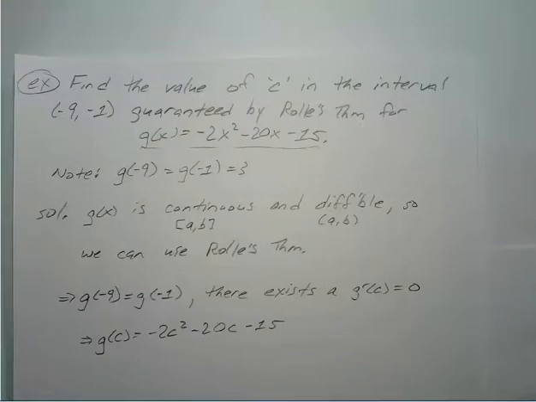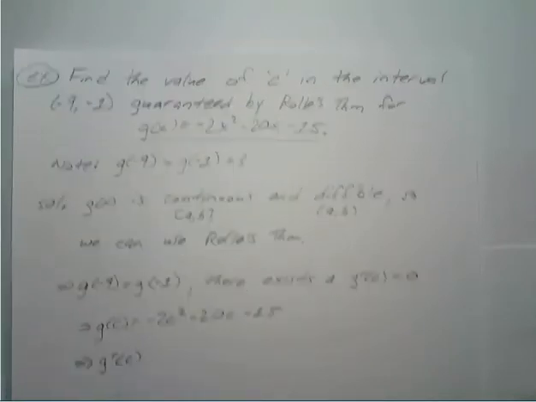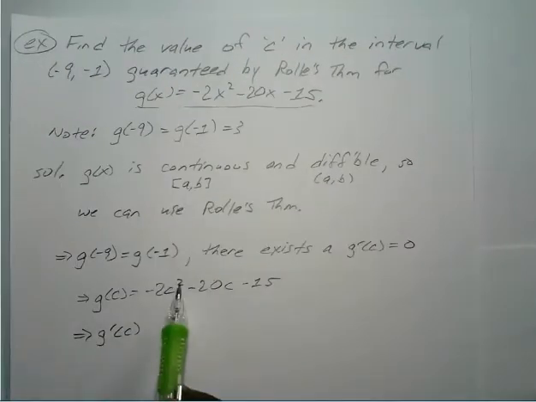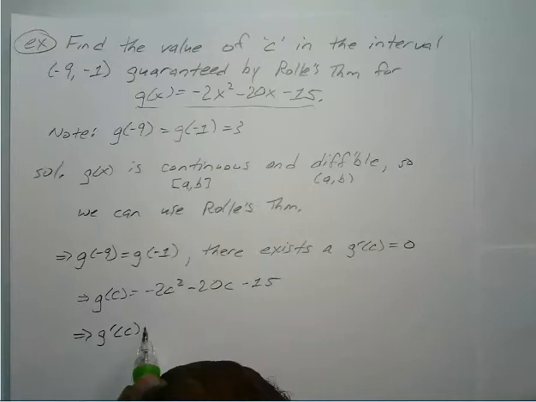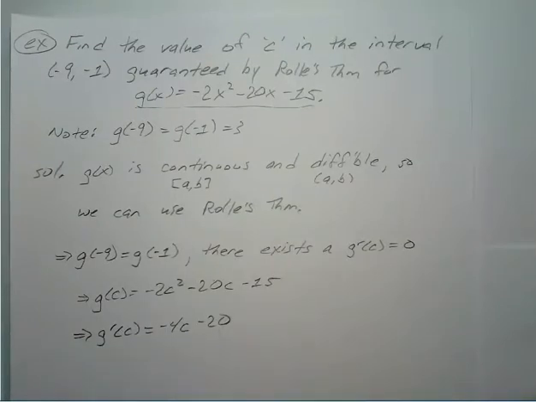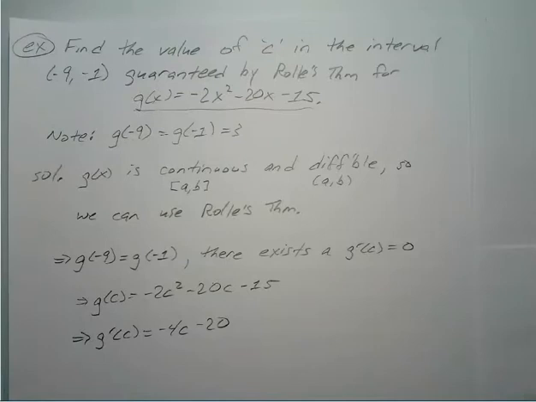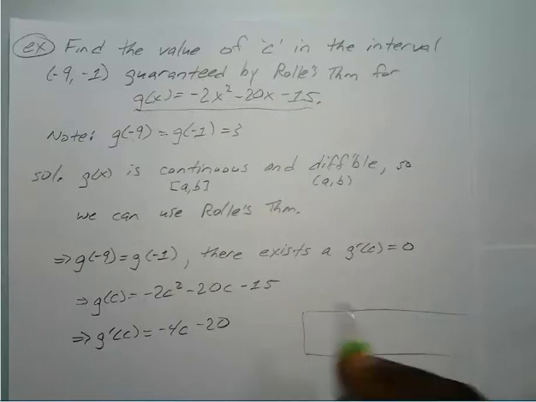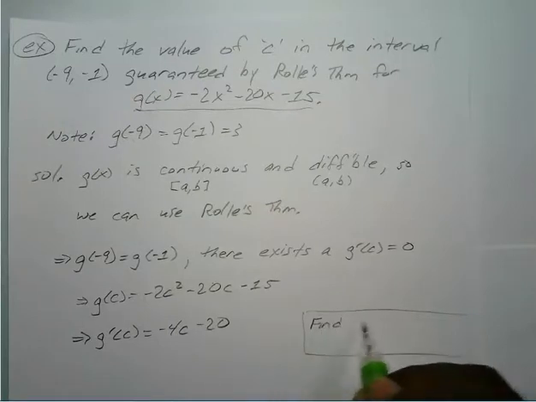Now we just have to find our g prime of c. That would be negative 4c minus 20. Now that we have our derivative, we have to find where g prime of c equals 0.